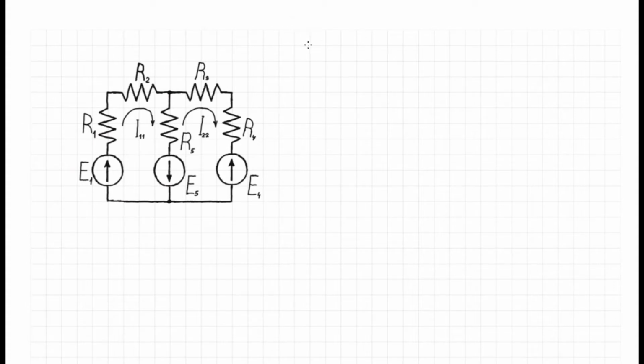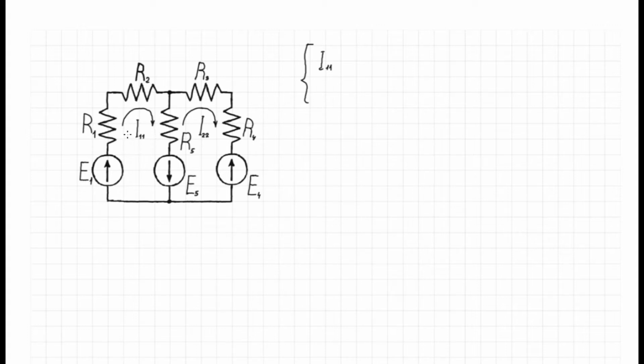Next we will write our equations as a system. Write a bracket and the equation for the first loop. Take the current I11 multiplied by resistances.